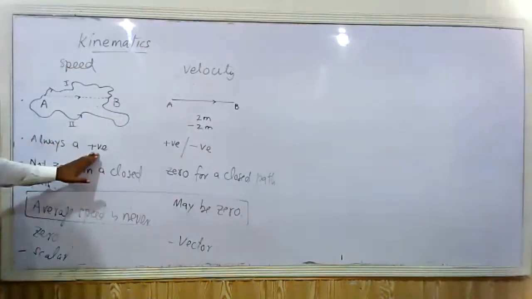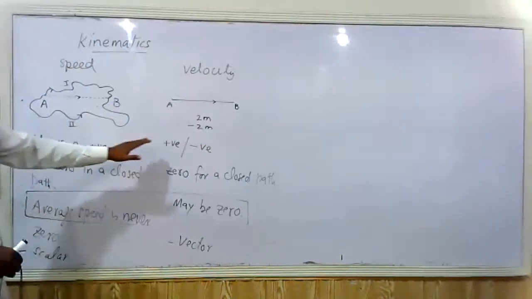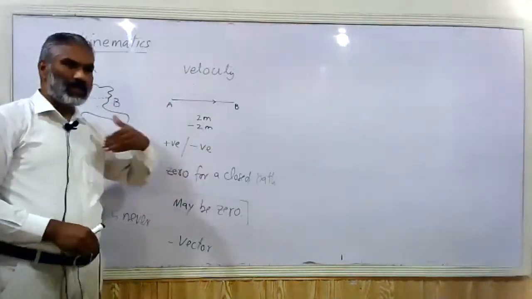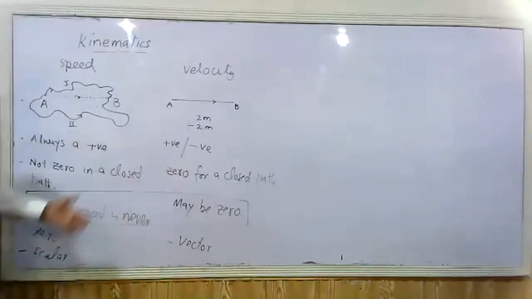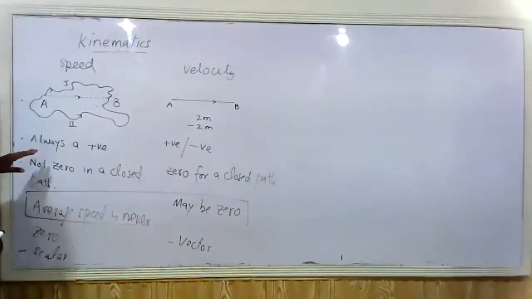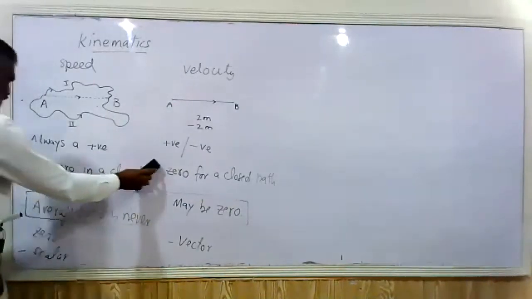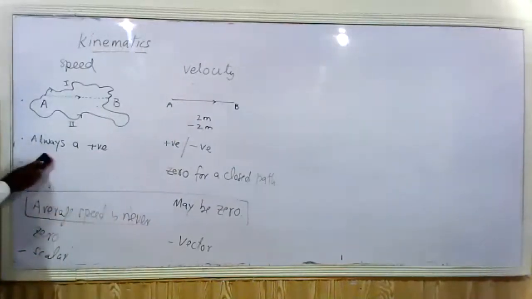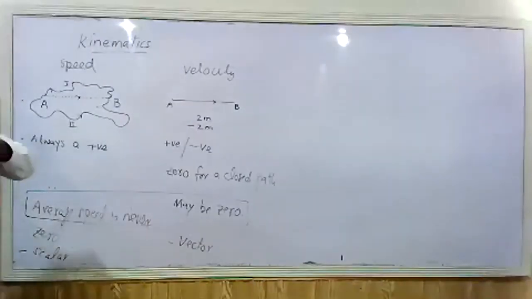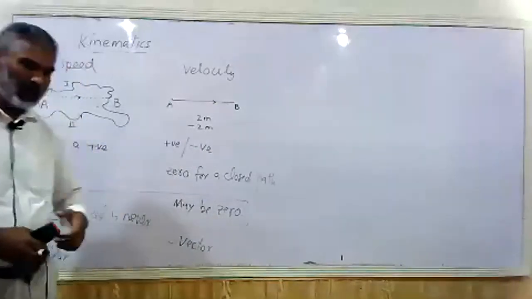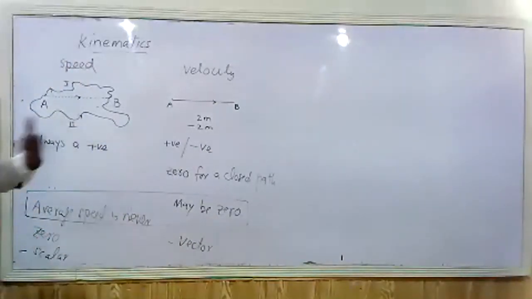Speed is always a positive quantity. Velocity could be positive or negative, because in one direction it may have one sign, and when it changes direction, it has the opposite sign. Average speed is never zero, because if we have moved in a closed path, even the distance is not zero because it adds up.